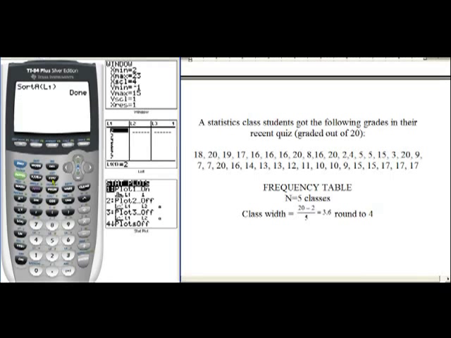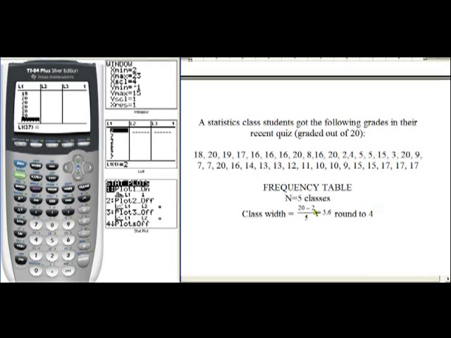To see that the data is in fact sorted, you go back to Stat, Edit, and you see now the smallest data point is 2, and you scroll all the way down to see the largest data point, which happens to be 20.